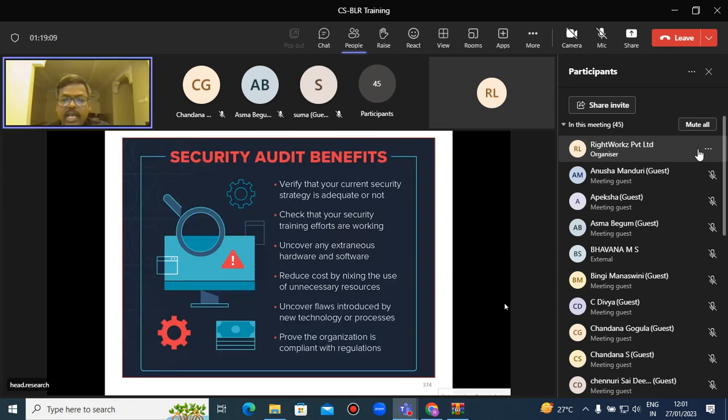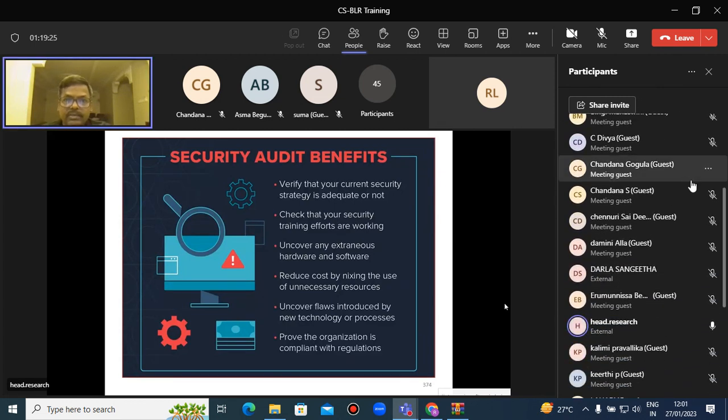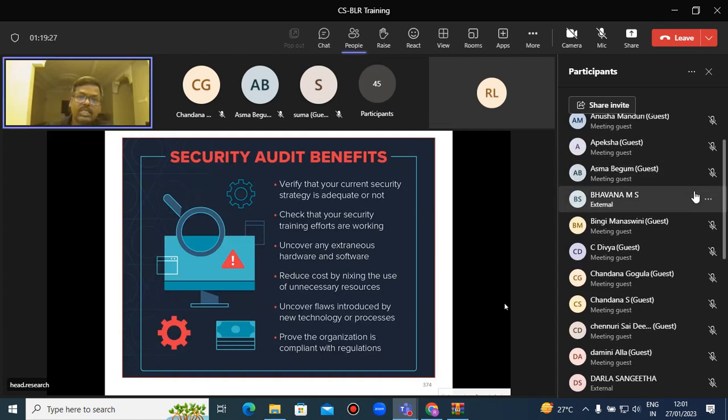Uncover flaws introduced by new technology or processes. Prove the organization is compliant with regulations. So this is about the security audit benefits.